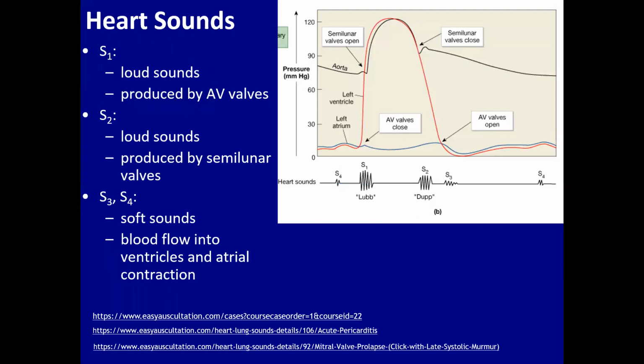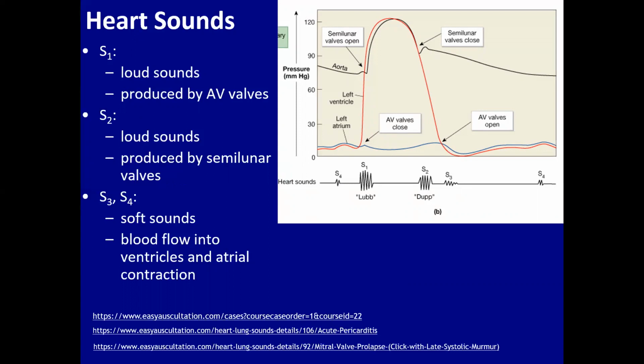All right, so how do we get our heart sounds? S1 and S2 are what we think of. They're the lub dubs. There's also S3 and S4. These are soft sounds. So you hear lub, dub, lub, dub.